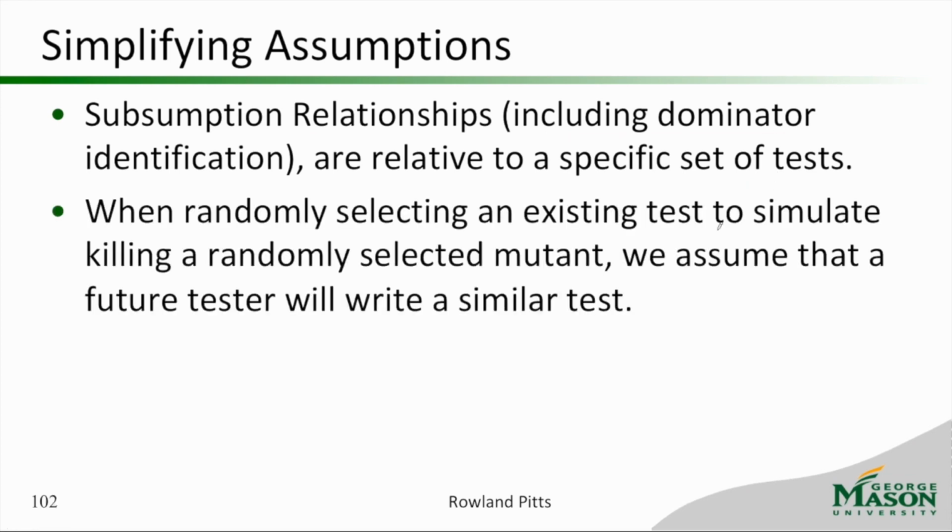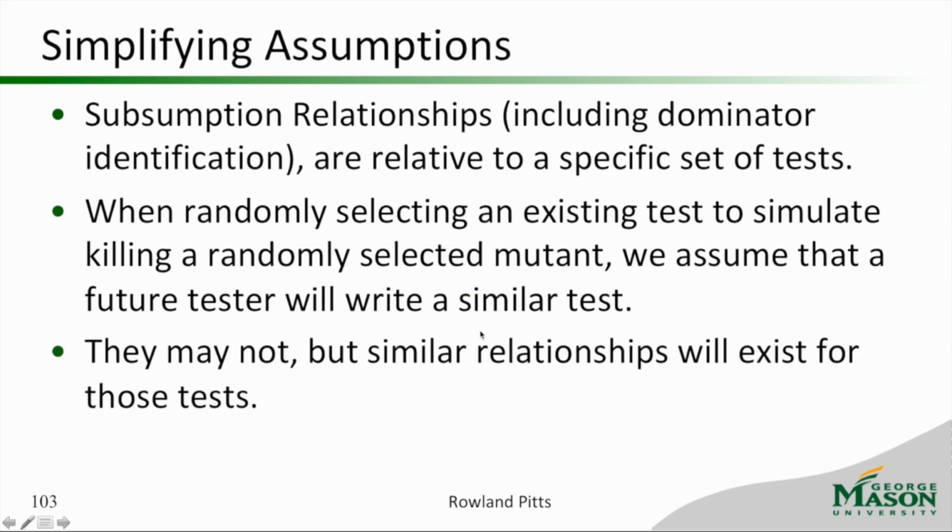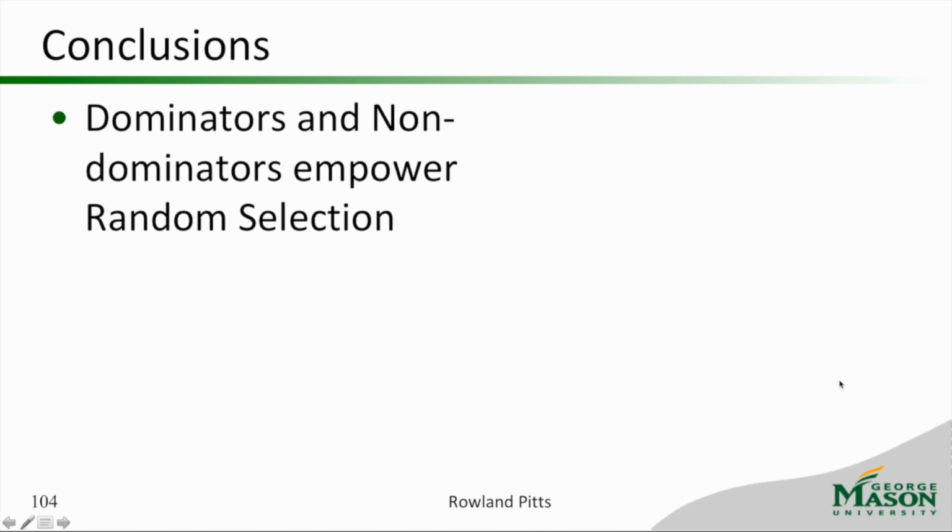Or when randomly selecting an existing test to simulate killing a randomly selected mutant, we assume that a future tester will write a similar test. They may not write that similar test, but whatever tests they write, similar relationships are going to exist for that set of tests. So the phenomena we observe, the behavior we observe is going to exist regardless.